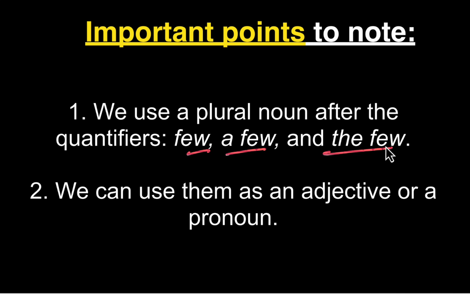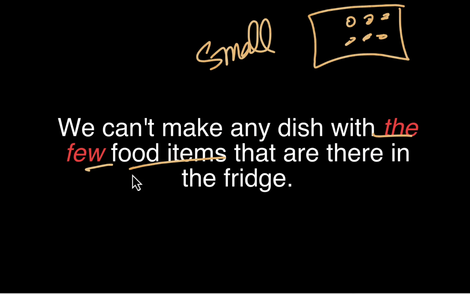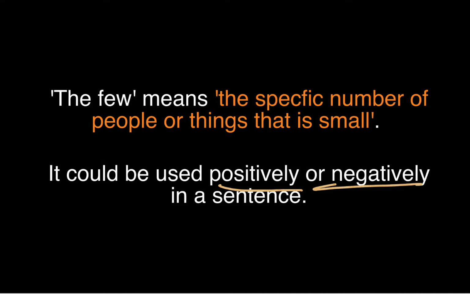Number two, we can use them as an adjective or as a pronoun. So in all of these examples, you've used these expressions as an adjective. The few friends, so we have a noun after it, so it's modifying the noun. In the previous example also, it's modifying items, which is a noun, again working as an adjective.